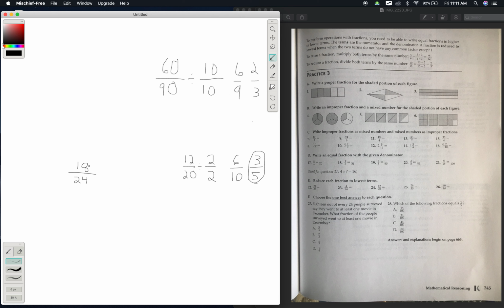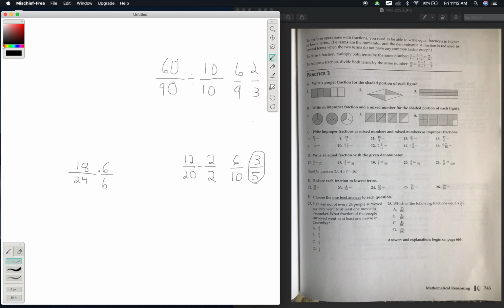So which number goes into 18? I know 6 goes into 18 3 times. Does 6 go into 24? Yes, it does. That's why it's good to know your multiplication off the top of your head, just because you can do this a lot quicker. So we're going to use 6 for both of these, and I'm pretty sure 6 is the highest number that can go into both of those.